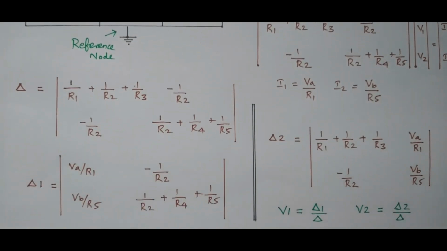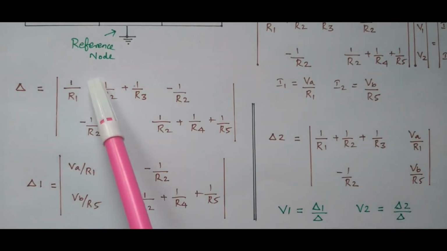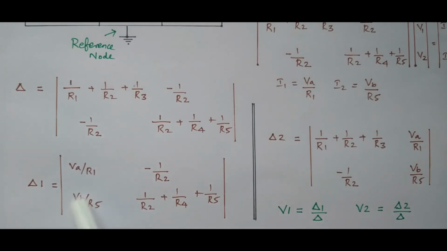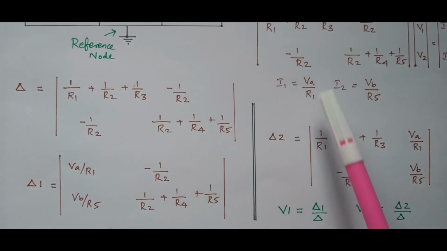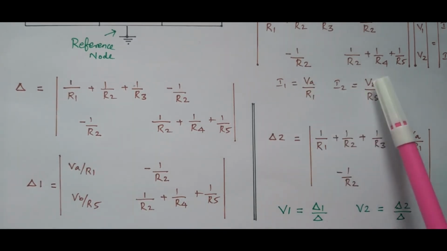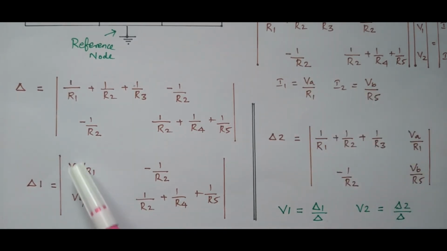What are delta 1 and delta 2? If the first column is replaced by the current, what is the current? I1 and I2, known as VA by R1, VB by R5. Right? So the first column replaced by the current matrix is delta 1. If the second column is replaced by the current matrix, that is delta 2.